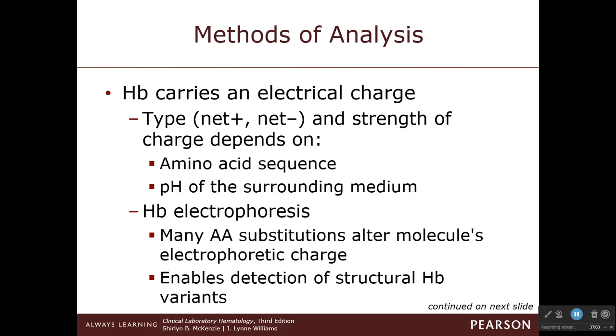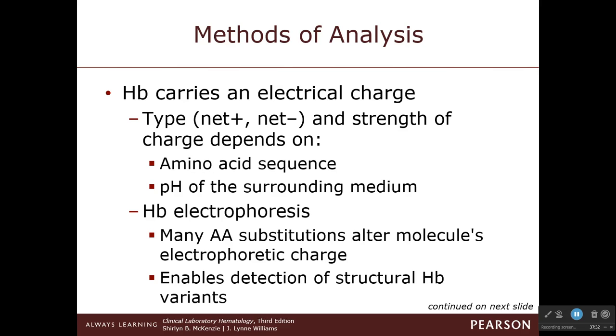They may have a negative charge because they did move toward the positive, but they're so large that they don't move as fast. Does that make sense? So charge and size play a big role in electrophoresis. Very, very important. Charge and size make a big difference in electrophoresis. That makes sense?